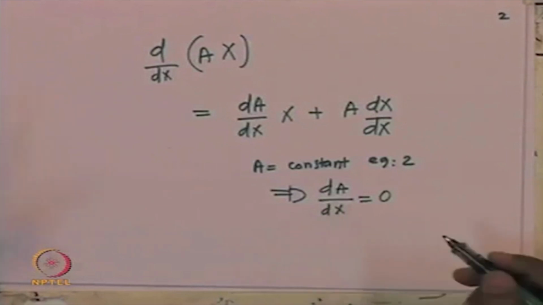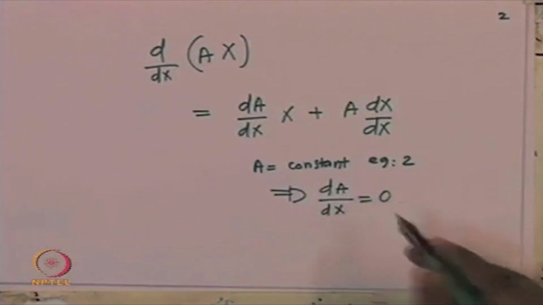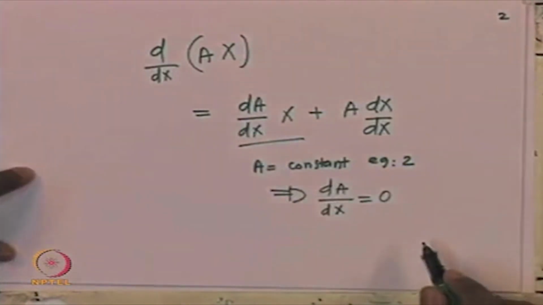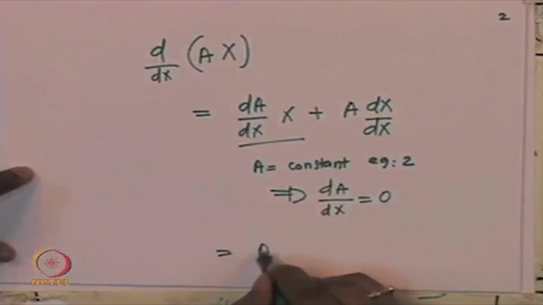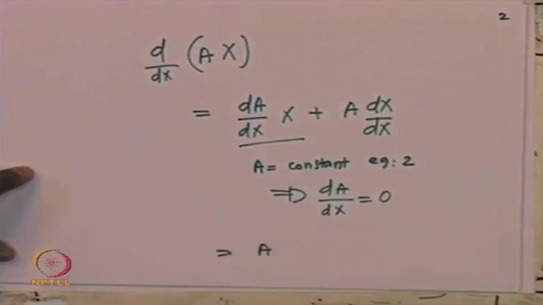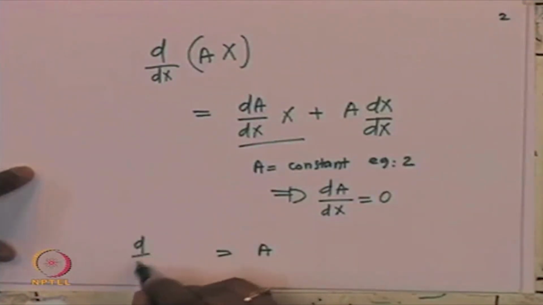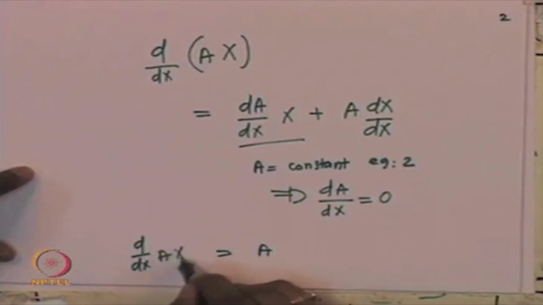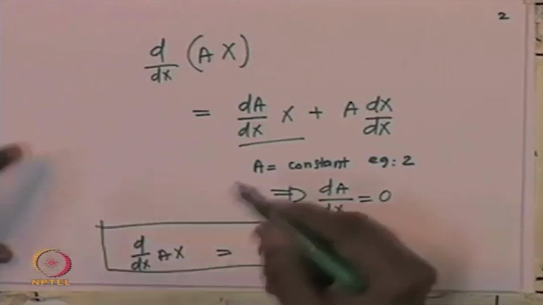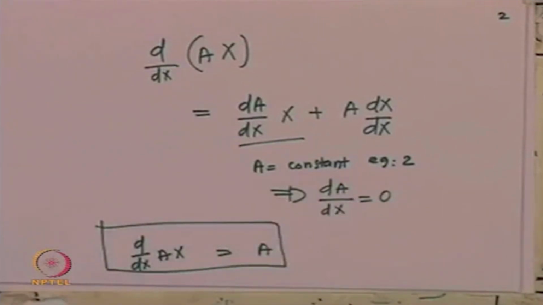So, dA by dx is 0. If this is 0, this term becomes 0, then your answer is just a times dx by dx, which is 1. So, the answer is a. So, d by dx of ax is just a. This is something we can learn just by applying our product rule.